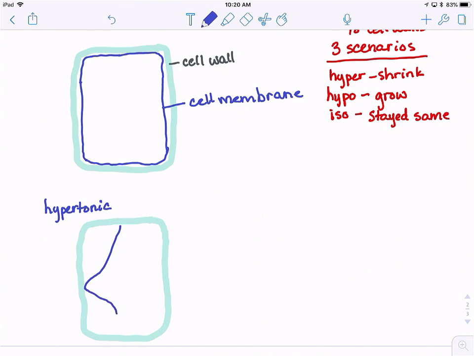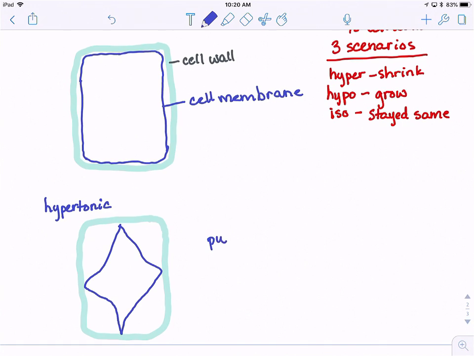It shrivels away from the cell wall, and so it pulls on the cell wall and makes the cell wall weaker.